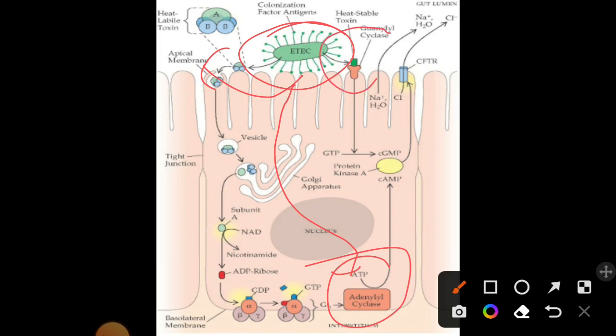And the heat stable toxin, that is the first type of heat stable toxin, will activate guanylyl cyclase. Okay, which will convert much amount of GTP into cyclic GMP.